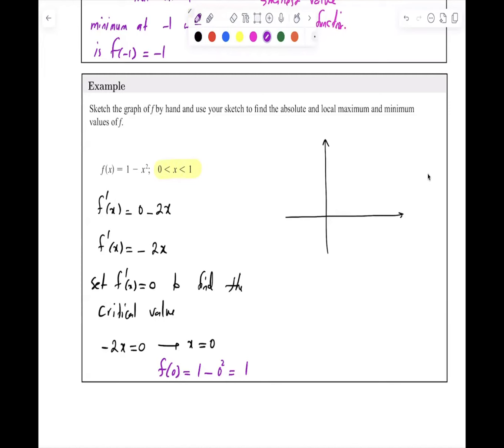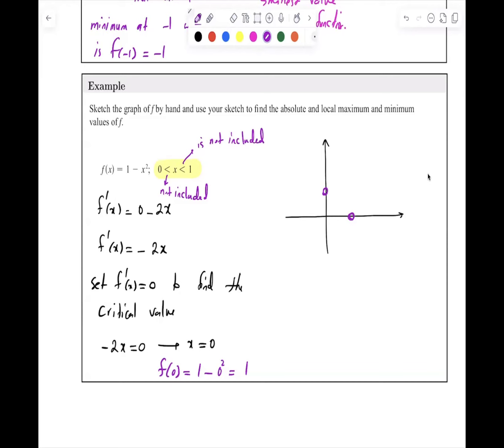When x is equal to 0, I get 1 back, but I'm going to put a hole here because 0 is not included. So what if my x is equal to 1? When x is equal to 1, I get 0 back. At 1, I'm going to have a 0. But again, I'm going to use a hole because 1 is not included in the domain.